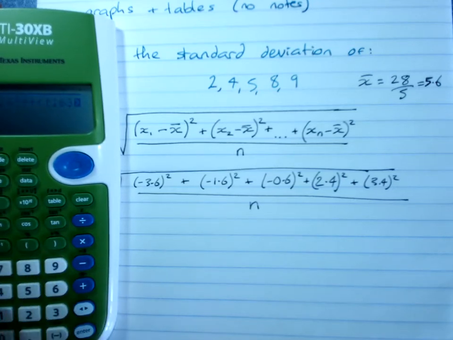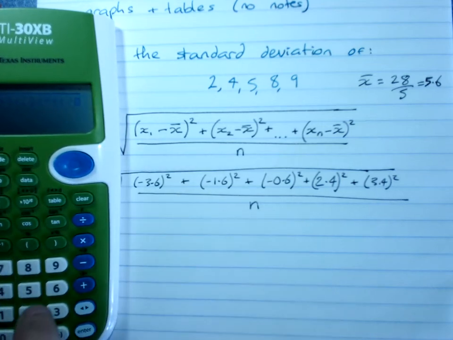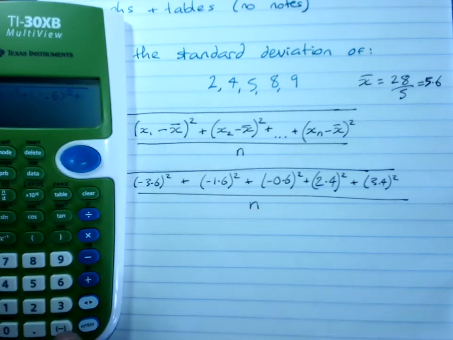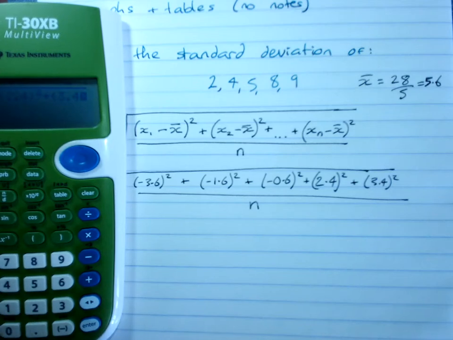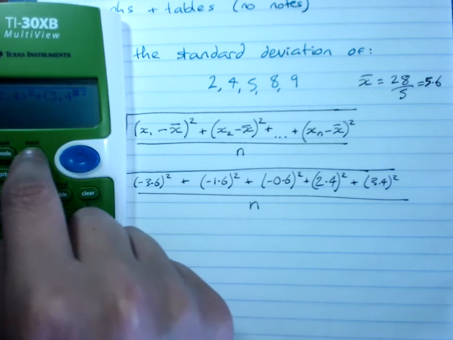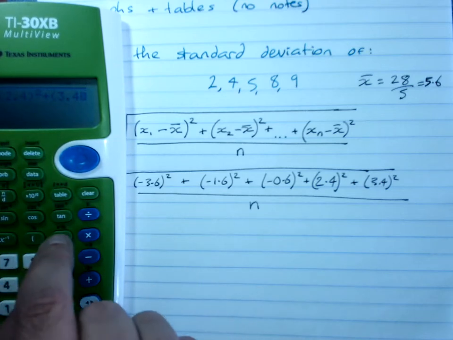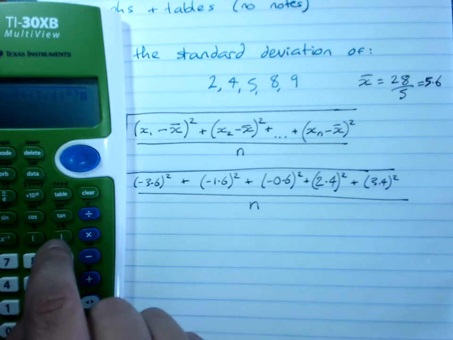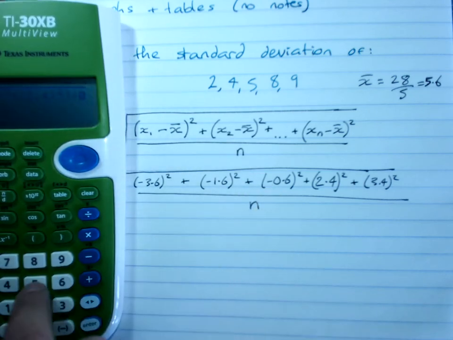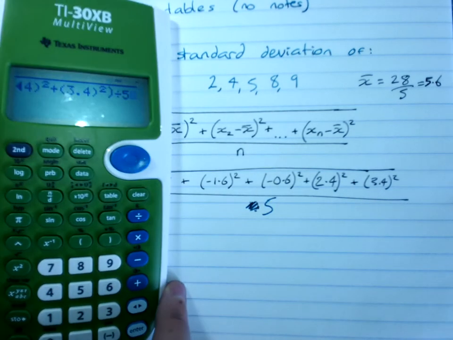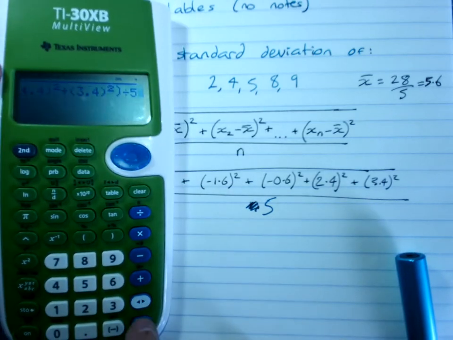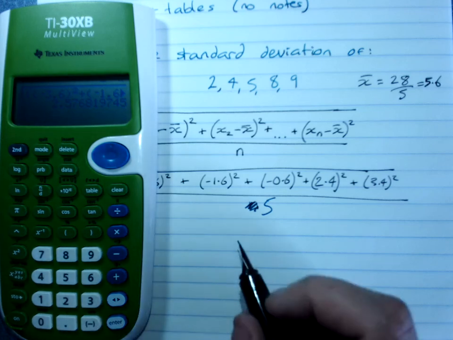Negative 1.6, close bracket, square it, plus negative 0.6, close bracket, square it, plus 2.4 squared plus 3.4, close bracket, square it, close the whole bracket, divide by 5, which I should have written here instead of n, pop out from the square root, equals 2.58.